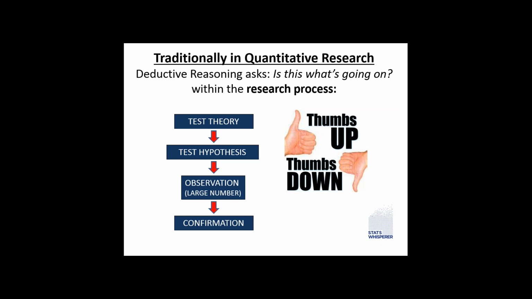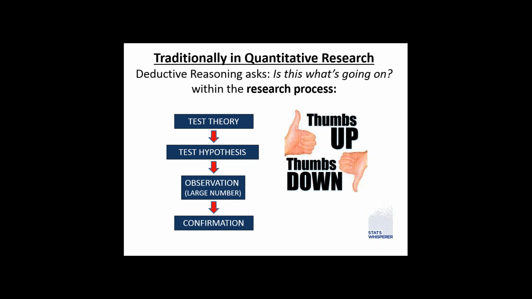We take the theory and hypothesis, then with more rigorous research methods, the variables are measured more precisely, typically with measures, and a larger number of study participants are observed. And through statistical testing, we either confirm that the theory and hypotheses are supported or not supported.